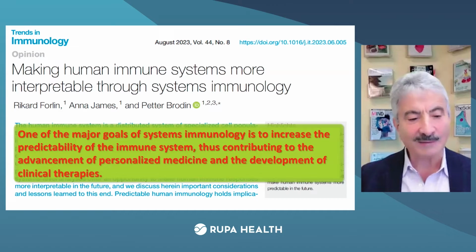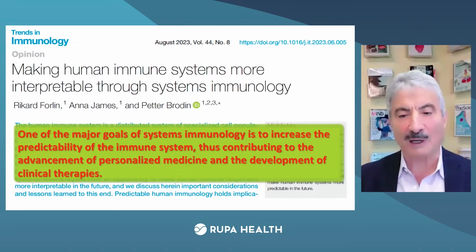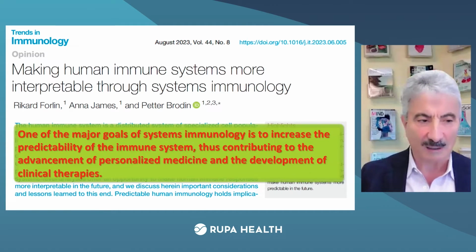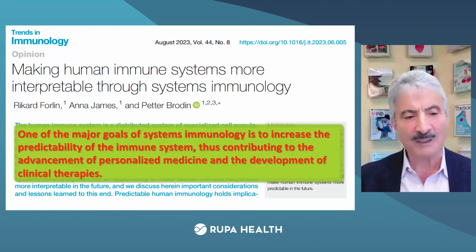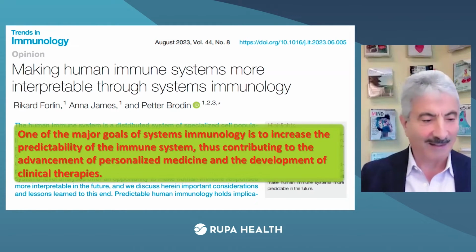And I'm going to add another quote taken from the same article: measuring a broad range of immunological assays, making human immune systems more interpretable through systems immunology. I'm going to repeat this statement again and again.